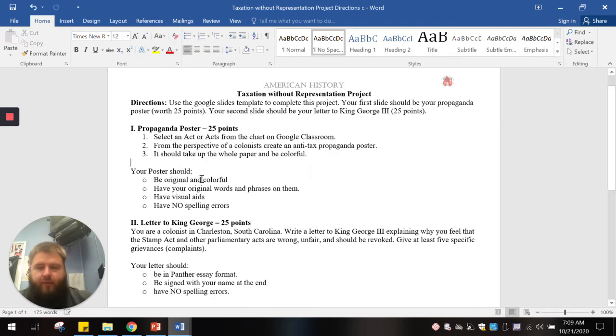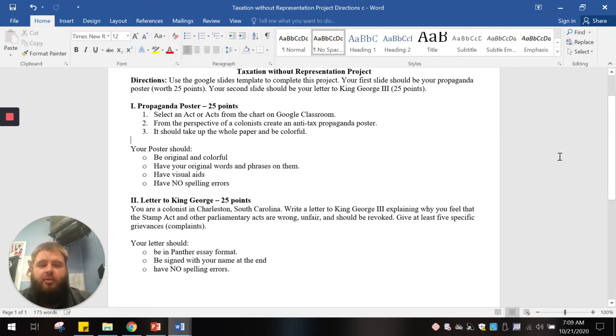Let's take that off there. So the poster should be original and colorful, have your own words and phrases on it, have visual aids, and have no spelling errors. Slides and Google Docs both have spell check, and it's free. So no excuse for not having all of the words properly spelled.